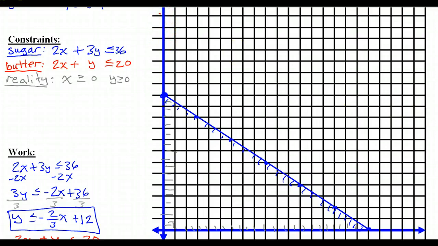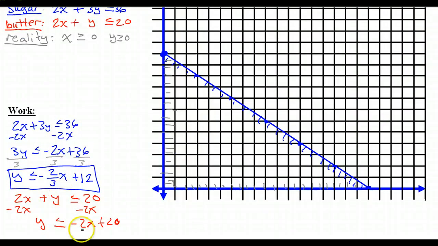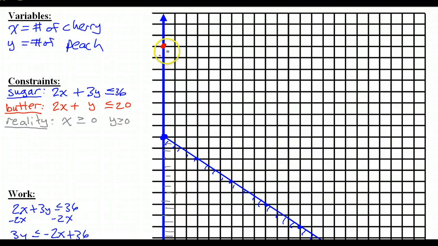That's 19. Had to mark it. So that's 20. Then the slope is negative 2, so I'm going to go down 2 over 1, like this.